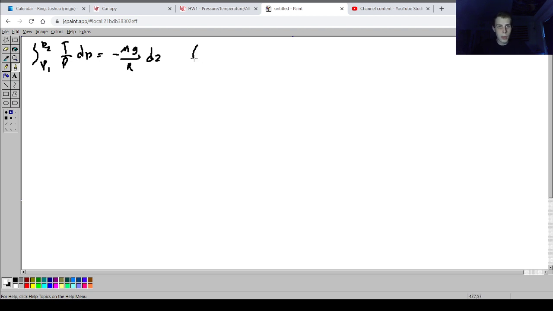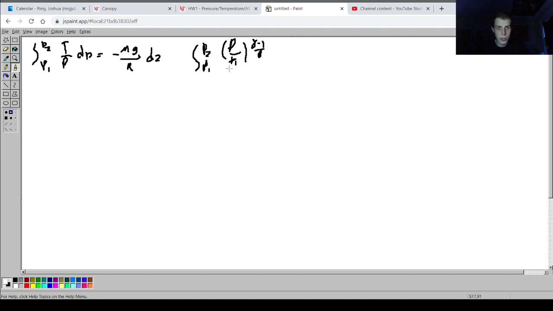So by doing that, we are going to get the integral from p2 to p1. And then we are going to have p over p, which is to the power of gamma minus 1 over gamma, if I can write it right, okay.